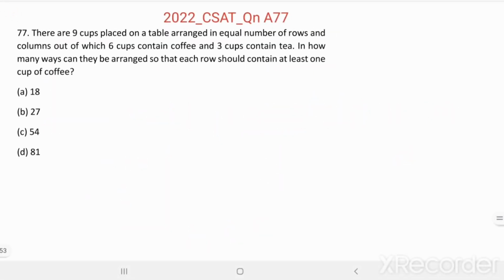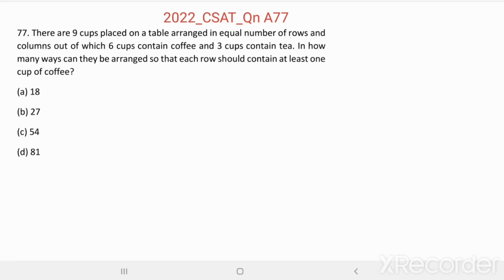Question number 77. There are 9 cups placed on a table arranged in an equal number of rows and columns, out of which 6 cups contain coffee and 3 cups contain tea. In how many ways can they be arranged so that each row should contain at least 1 cup of coffee?